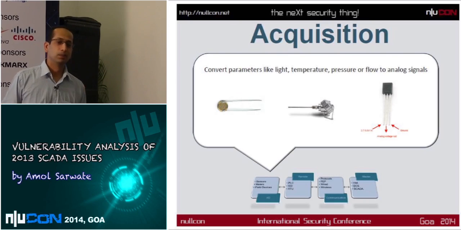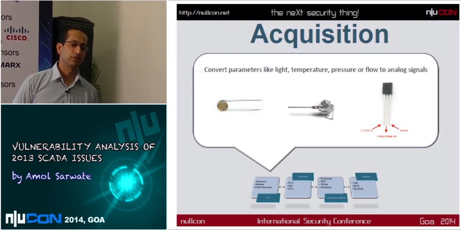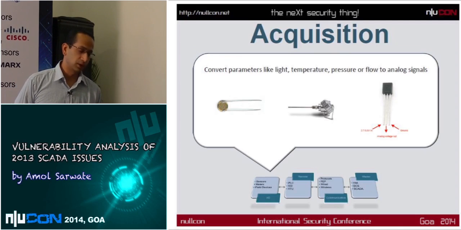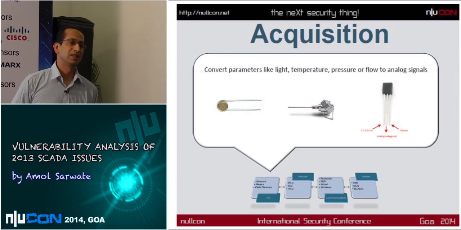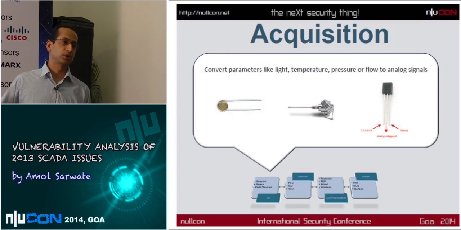So let's look deeply at what these different blocks are. The first block, as I like to call it, is our data acquisition devices. What they basically do is convert parameters like light, temperature, or pressure to analog signals. What you have here is a photo sensor, a pressure sensor, and a temperature sensor.